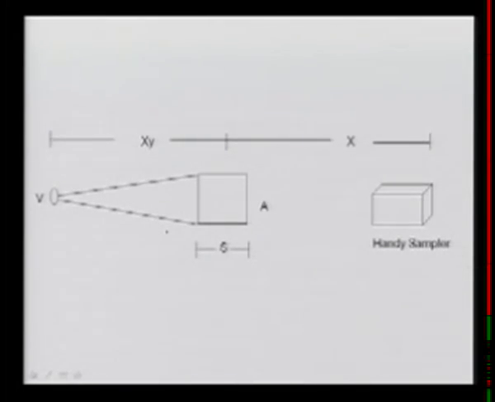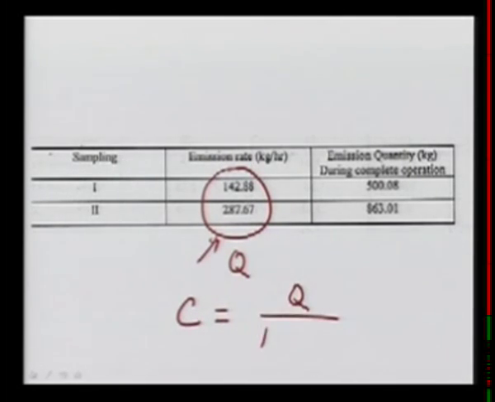Again, this is the sampler here, this is the source. It's basically a repetition of what I have been saying, and then you can finally find out the Q. You remember we were trying to find out the Q. C was known to us from the measurement. This was equal to Q over pi u sigma y sigma z.